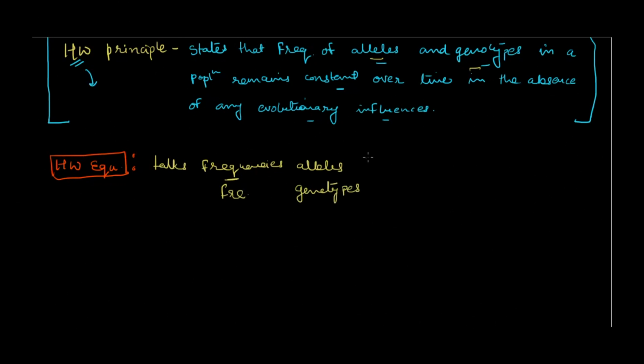Not the numbers as they are, but the frequency of allele and frequency of genotype. This point is very important throughout. Whenever you are dealing with the Hardy Weinberg equation, you need to remember, talk about frequencies. That's one point that you need to remember always.